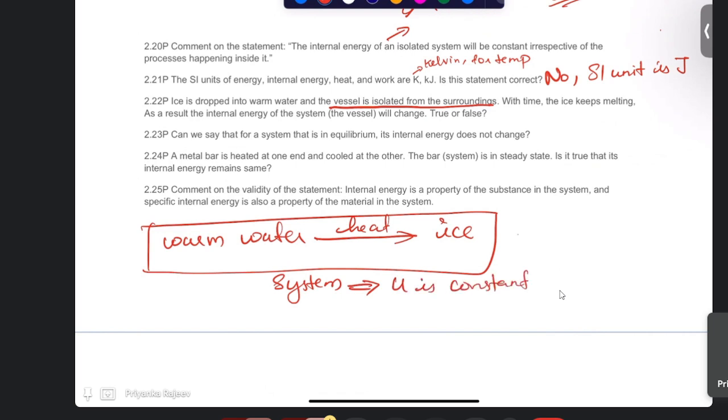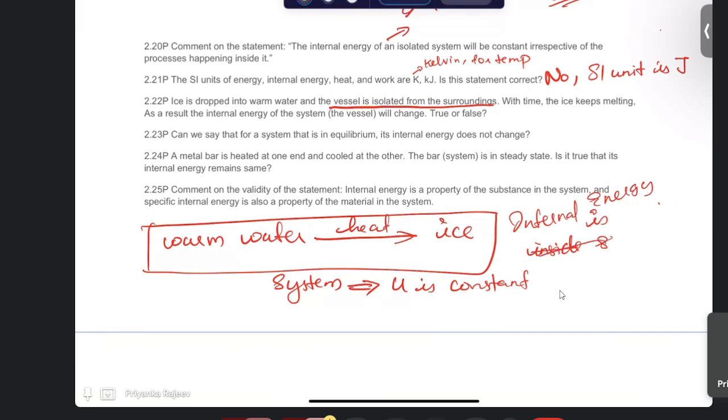Okay, so heat is flowing inside the system. Sorry, not heat, I should not have said that. Internal energy is not flowing.